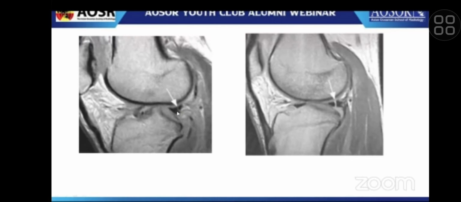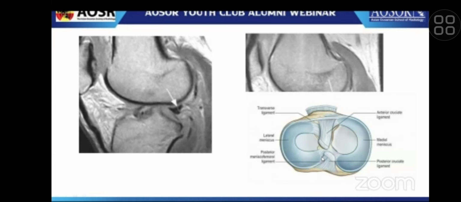It has been postulated by some authors that the attachment site is measured from the lateral aspect of the posterior cruciate ligament to the attachment of the meniscofemoral ligament. If it's more than 40 millimeters, we are suspicious for a tear.